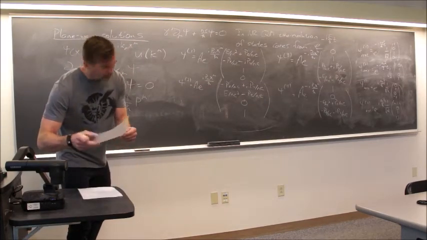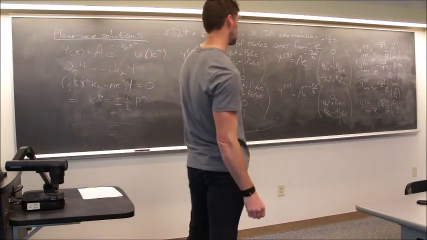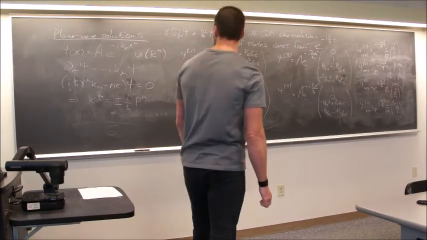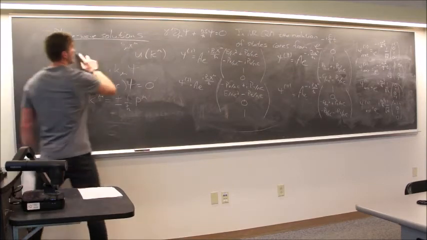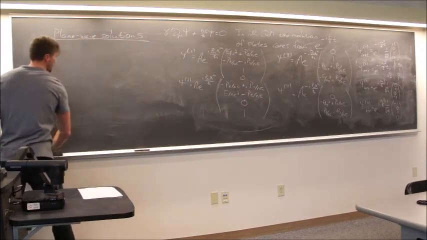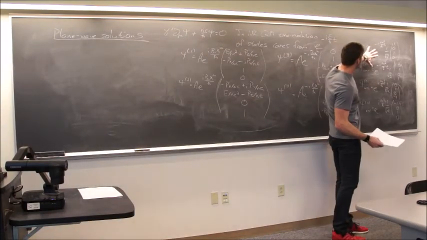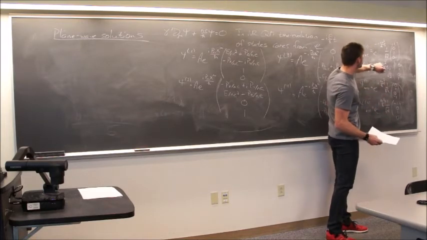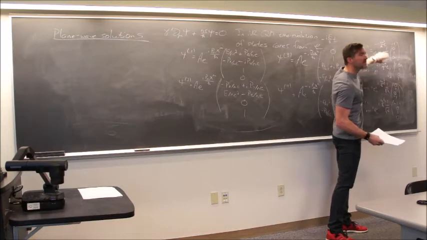Now, something I totally forgot to say when we started out, and I'll say it now. I said earlier that these are going to correspond to particle, antiparticle solutions, and then I alluded to that this would be maybe like spin up and spin down.